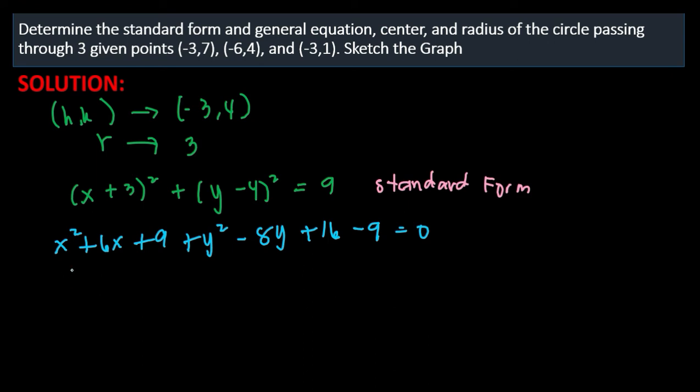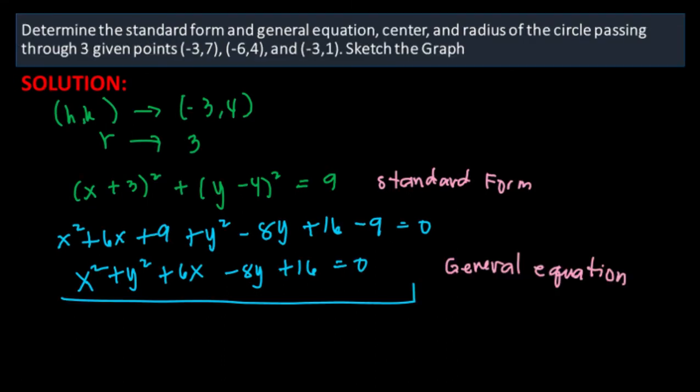So we're gonna have x squared plus y squared plus 6x minus 8y and then combine like terms. So we have 9 minus 9, 0 plus 16. So we have 16 is equal to 0. So ngayon, eto na yung ating general equation.